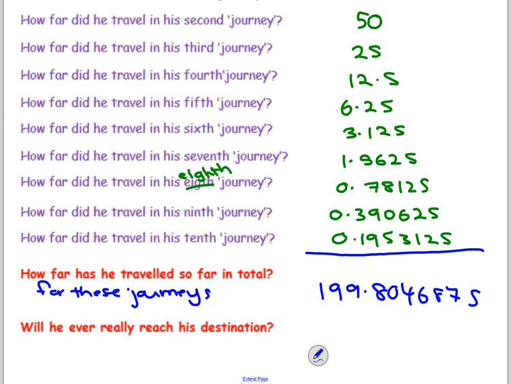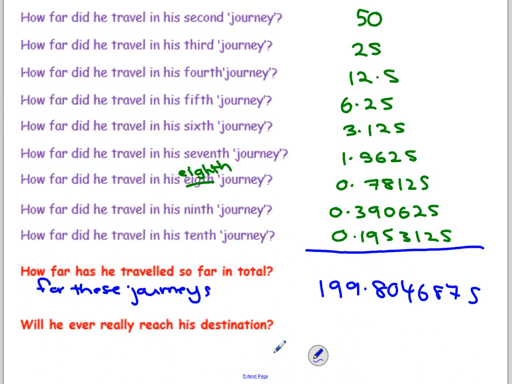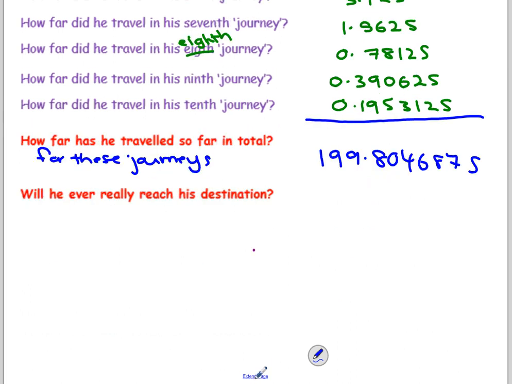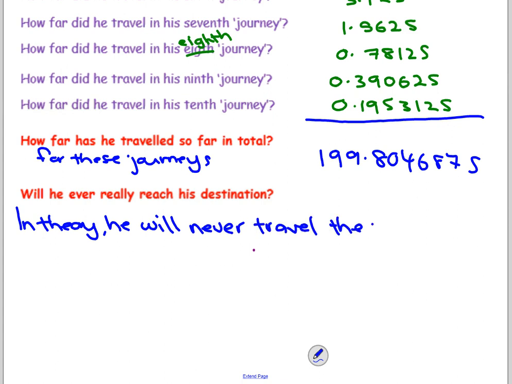And so on. Has he reached his destination of 200 metres? No. So after 10 of these, this is just demonstrating why, in theory, he doesn't get there. So in theory, will he ever reach his destination? In theory, he will never travel the whole 200 metre distance.